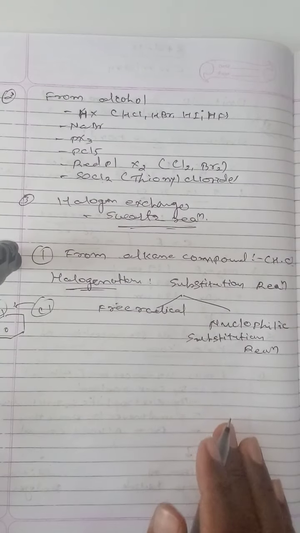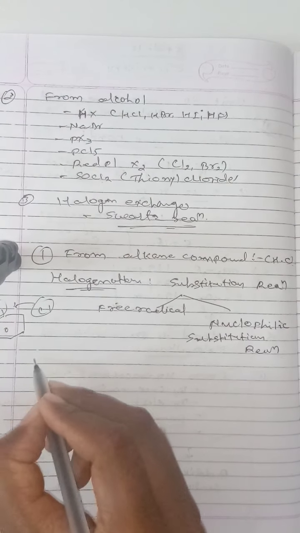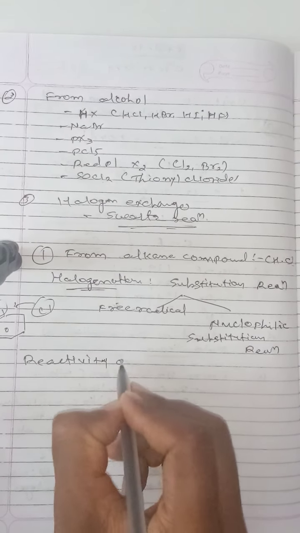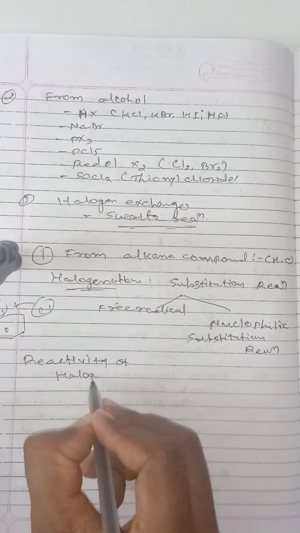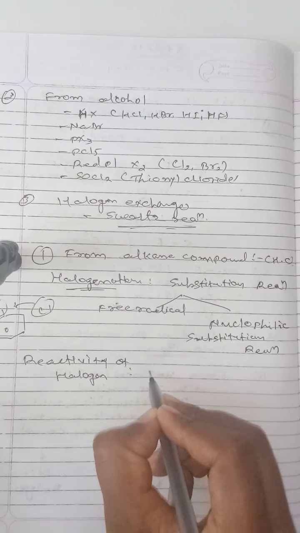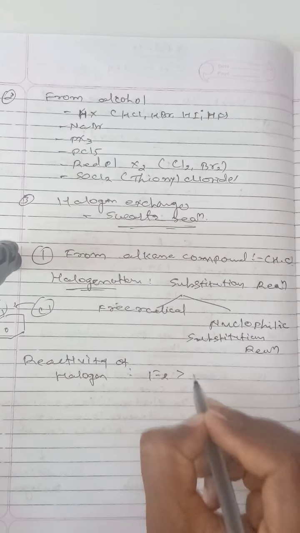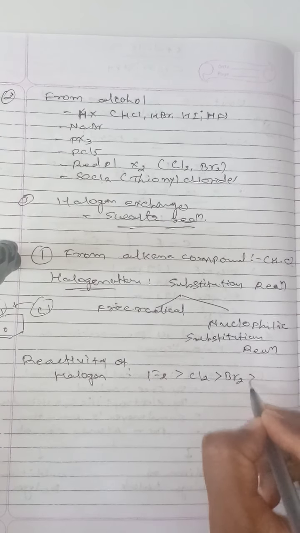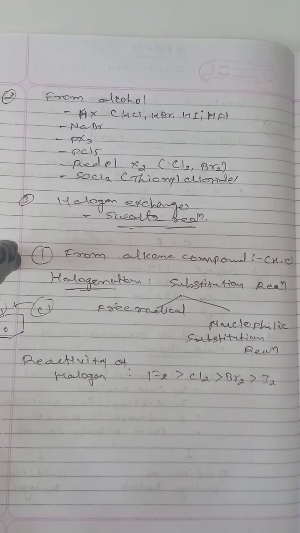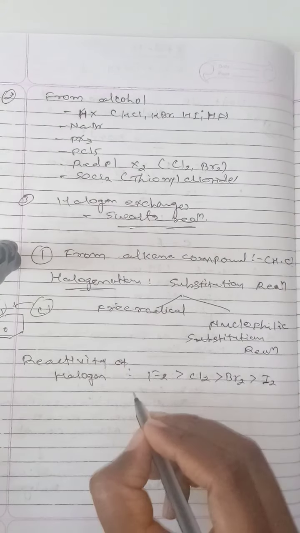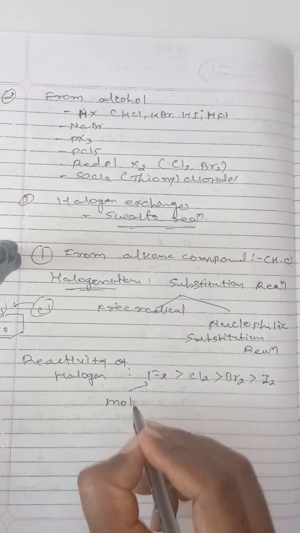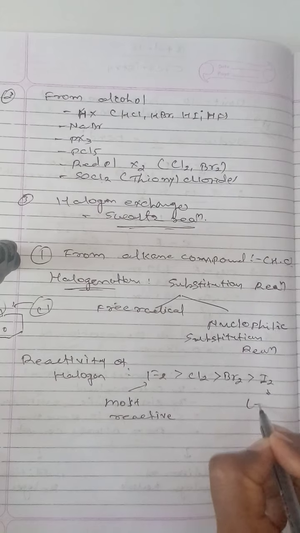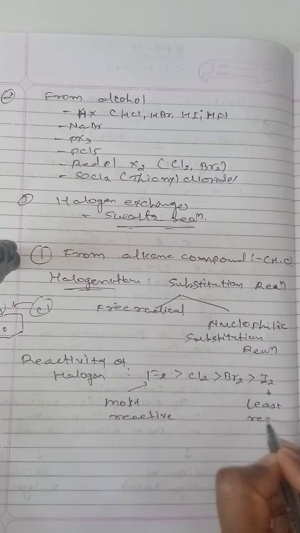Okay, so now reactivity of halogen, that is fluorine is greater than chlorine, higher than bromine, higher than iodine. So here fluorine is most reactive and iodine is least reactive.